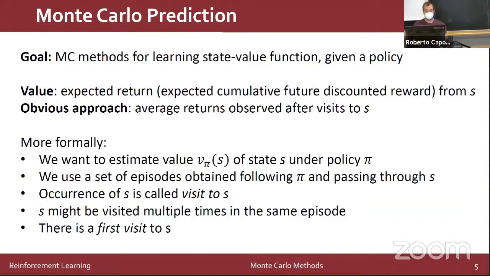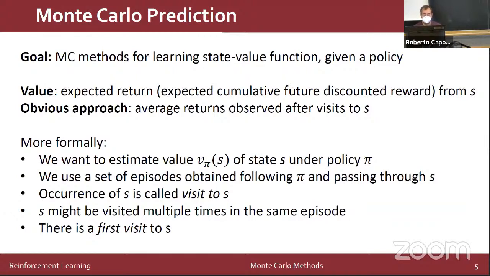So this will be basically computing the expected cumulative future discounted rewards from any state S. So as we said, the obvious approach here is we just collect all the returns, we average them, and we obtain our estimate. But let's look at this more formally.